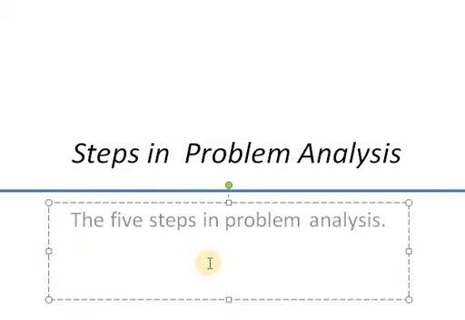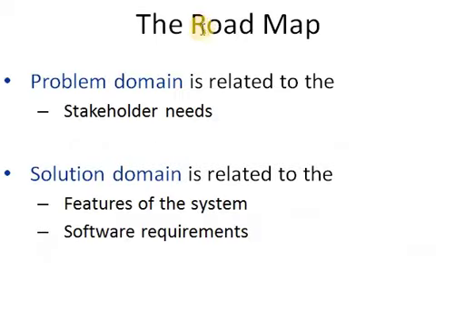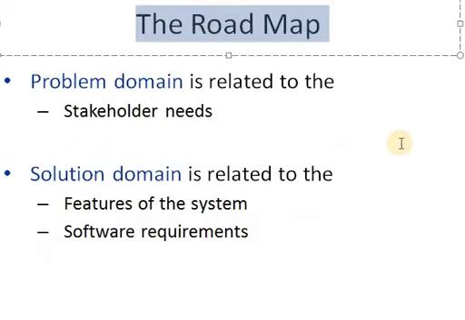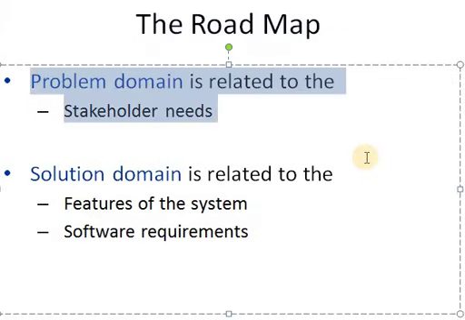So there are basically 5 steps involved in problem analysis. First we need to know what the roadmap is. Problem domain is related to the stakeholder needs.